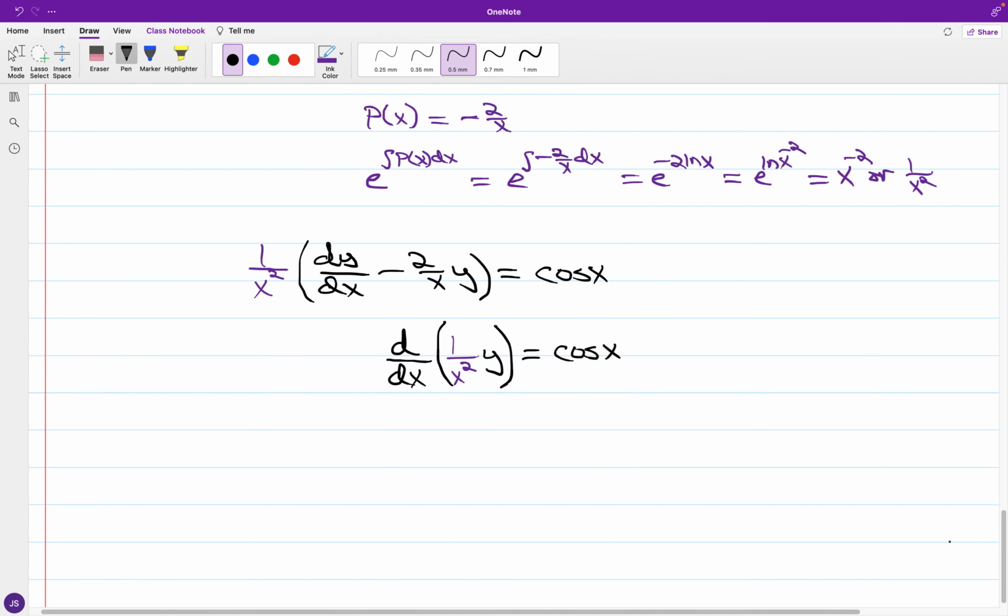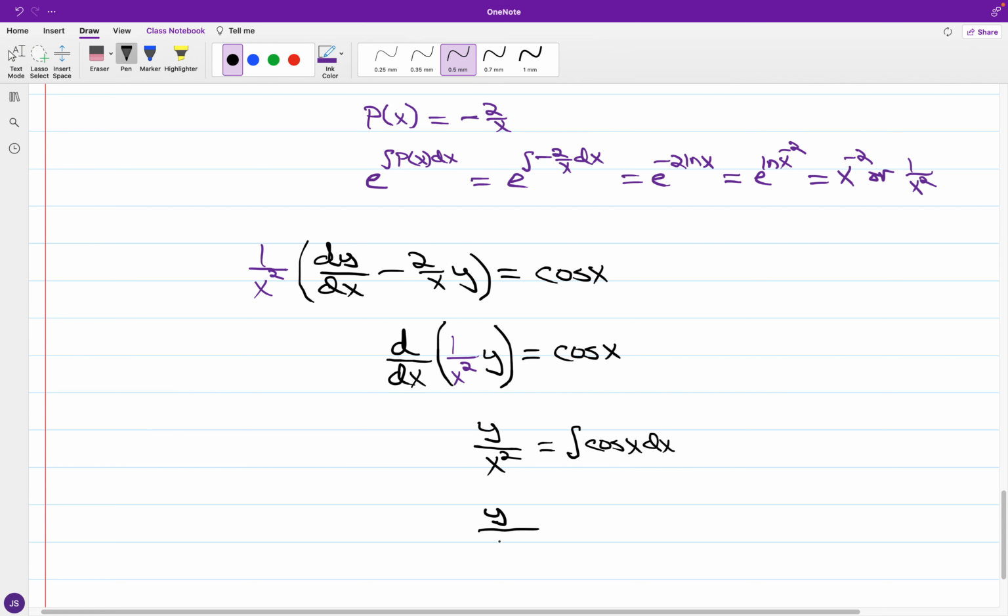And once again, integrating on both sides of the equation. So to the left, we have y over x squared is equal to the integral of the cosine of x dx.